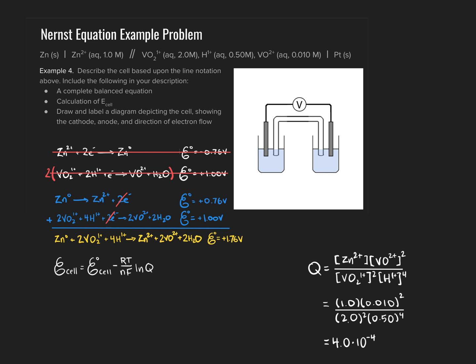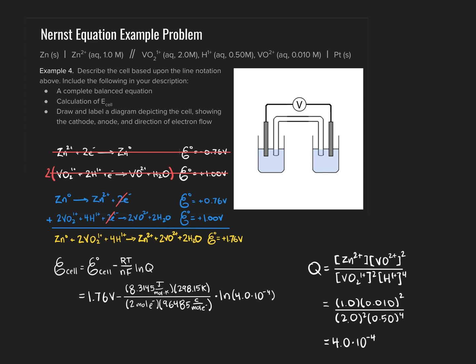Let's now return back again to our Nernst equation. Looking at the Nernst equation, the standard operating cell potential, which we had calculated above, was 1.76 volts. I'm going to subtract from that the factor RT over nF times the natural log of Q. That R value, again, is 8.3145 joules per mole Kelvin, times an operating temperature, assuming standard conditions, of 298.15 Kelvin.